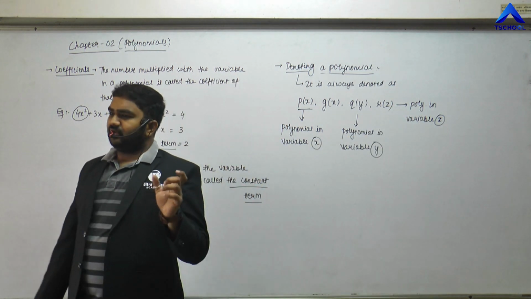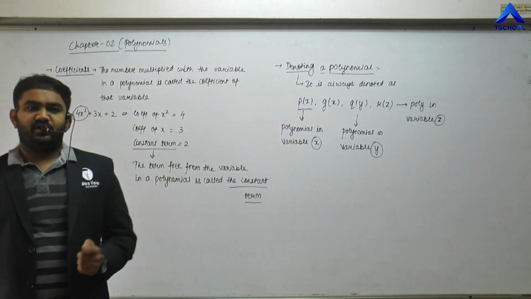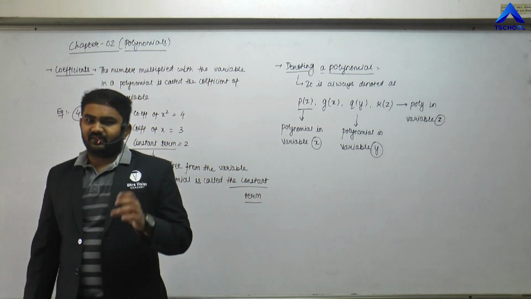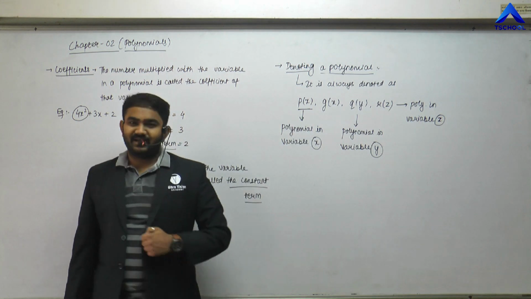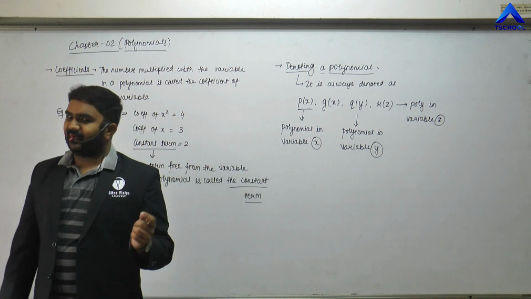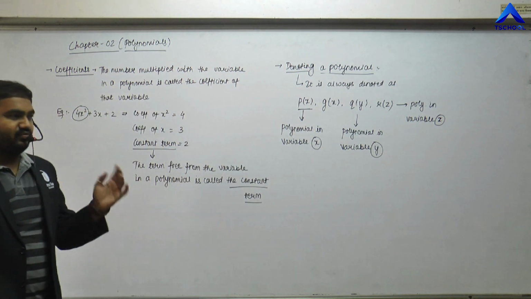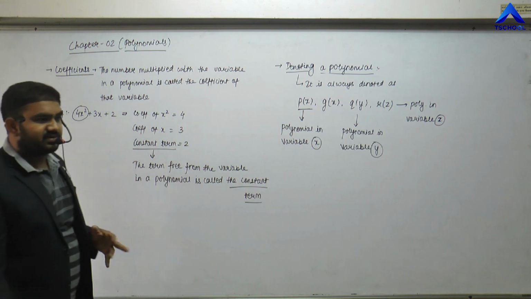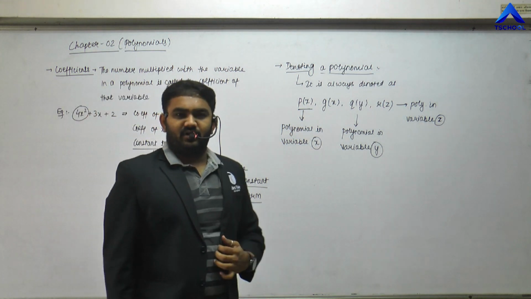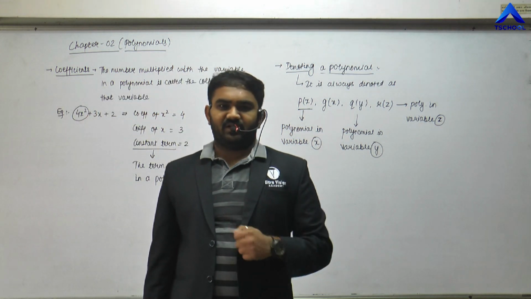That means the variable present in the polynomial that we have defined will always be written inside the brackets, and outside the brackets are the names p, q, g, r. You might select any one of them as the denotation. Then we discussed the terms. Terms are simply the product of a constant number with the given variable.